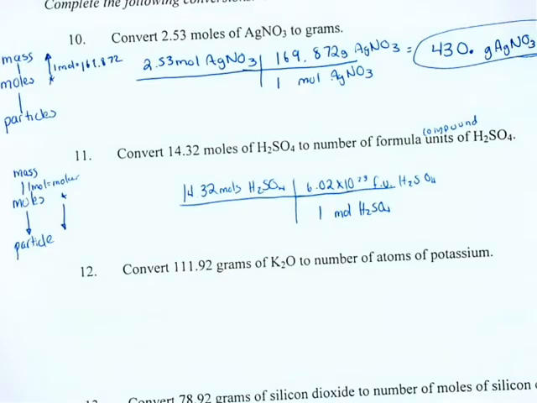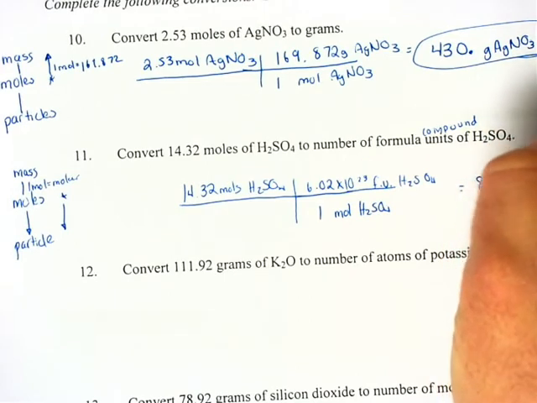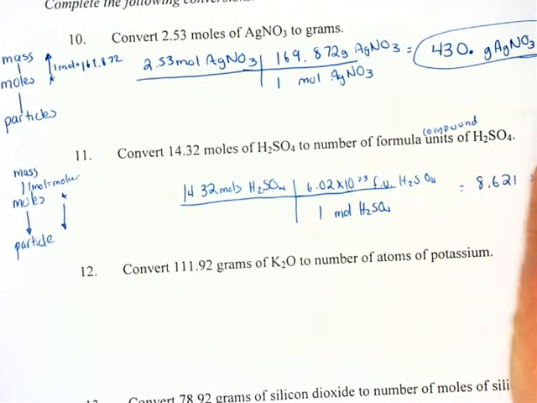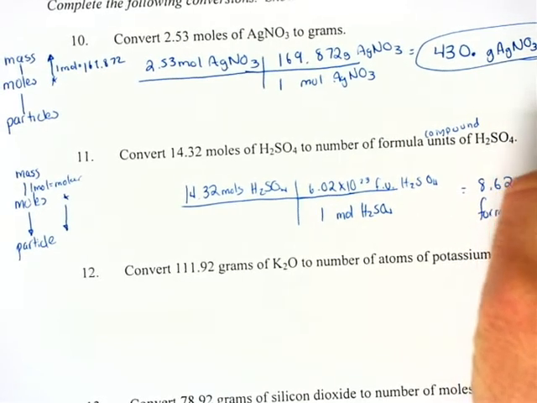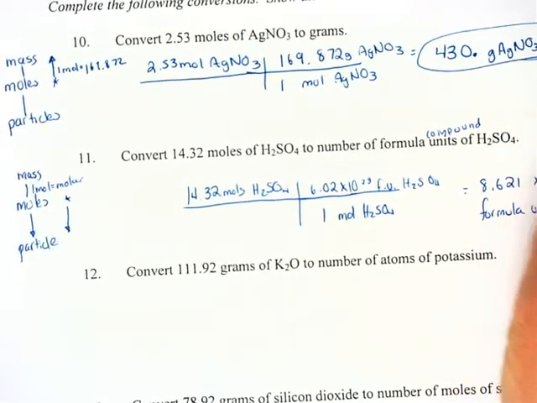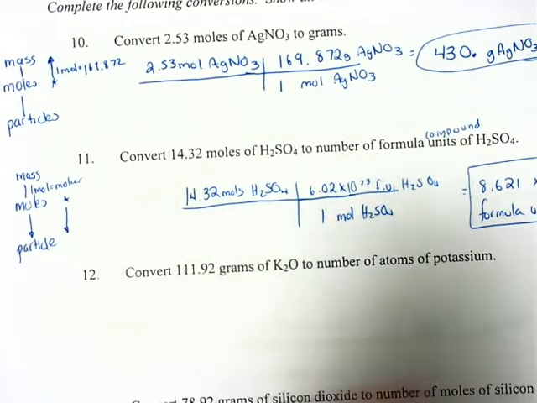So 14.32 times 6.02 times 10 to the 23rd. 8.621 times 10 to the 24th formula units. Good?